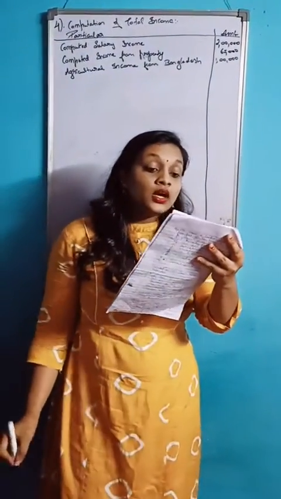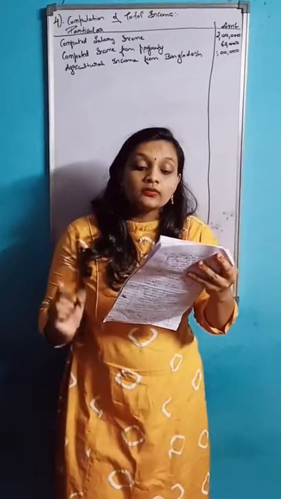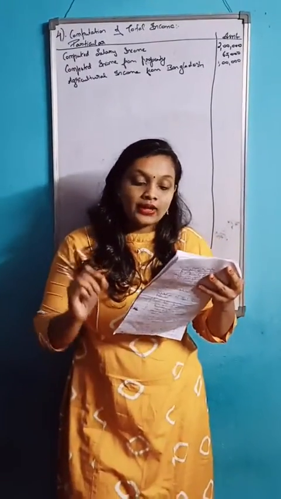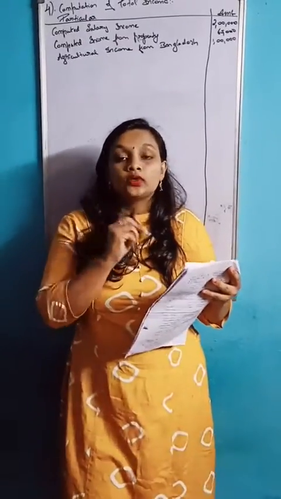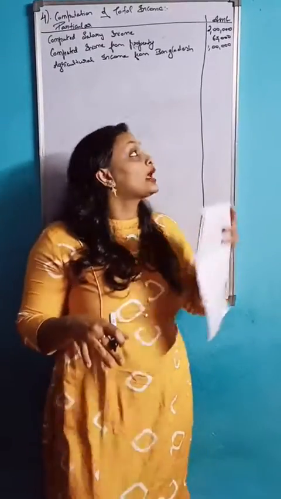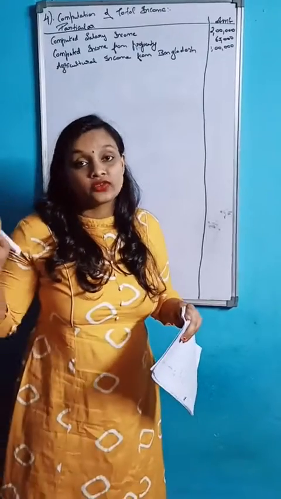Next one is share of income from HUF 1,70,000. So it's tax free. You need not write the amount. You should write in the amount column, that is tax free.